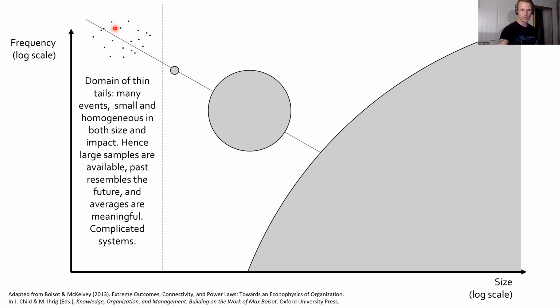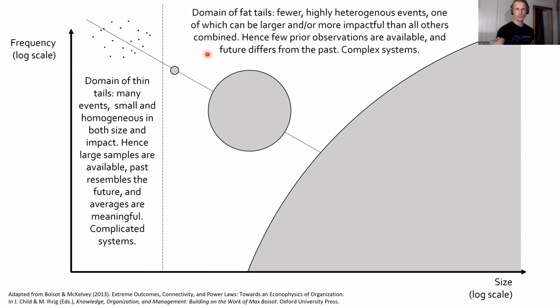Here we would have the domain of thin tails, so we would have the thin-tailed distributions here. They're quite small and homogeneous in comparison to these events here, and so you have a nice place where you can play with the traditional statistics. On the other hand, here we have the fat tails.